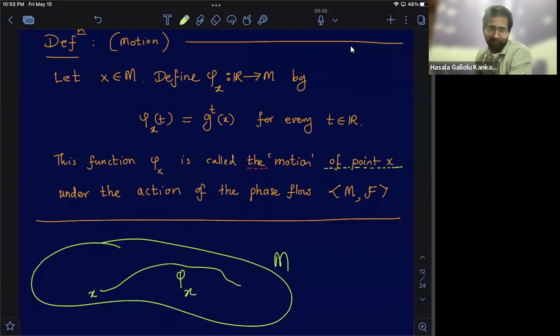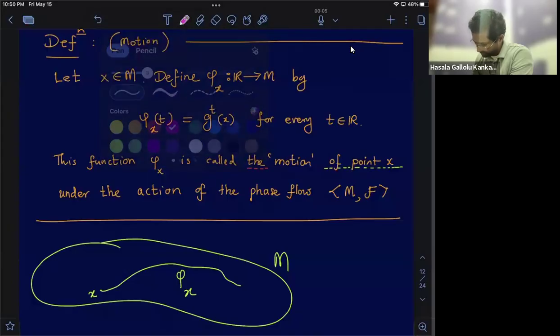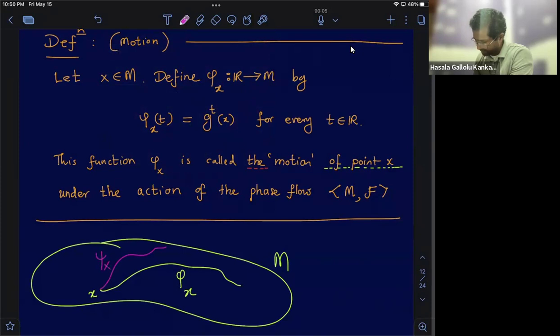Now, the simple housekeeping stuff that we need to have behind this definition. First of all, we call it the motion. Does it make sense? Because cannot we have more than a single motion through a certain point? Cannot we have one motion like phi x and then another motion going through this one, call it like psi x?